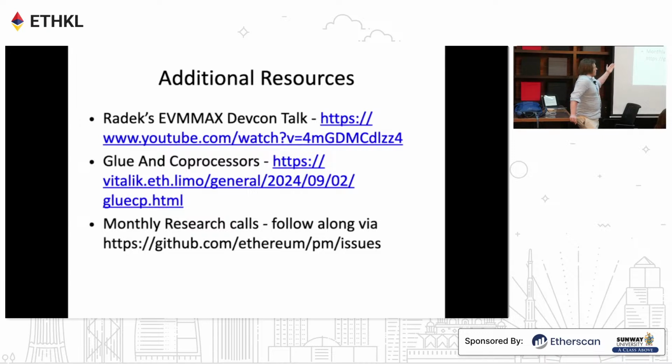Vitalik wrote a blog post that isn't entirely focused on EVMMAX, but is more of a general observation about the 80-20 rule, that 80% of the work is done by 20% of the code. That's the gist of this blog post. It's fairly interesting. And then we have monthly research calls which you can follow along with on the PM repo.